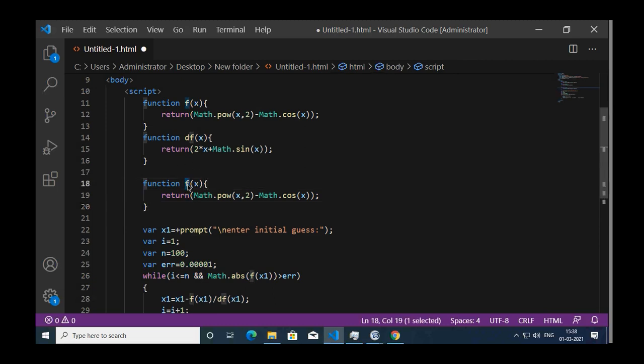So I call this g of x, and x square equal to cos of x. So x equal to under root of cos of x. That is what I am going to get.